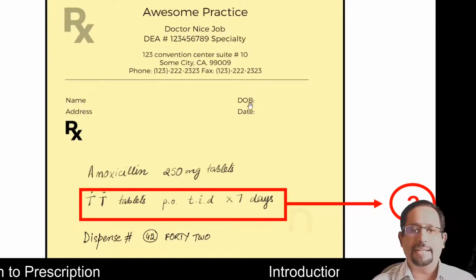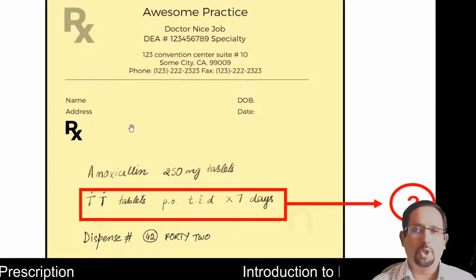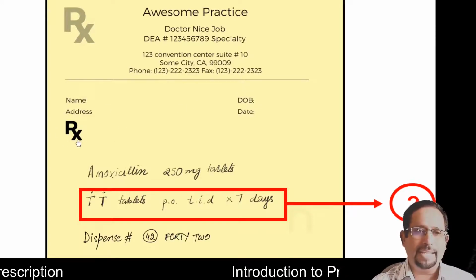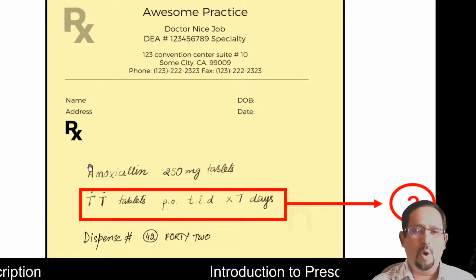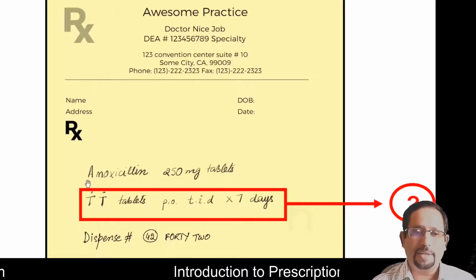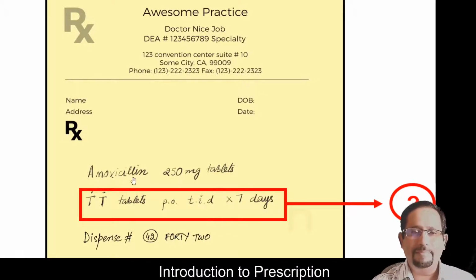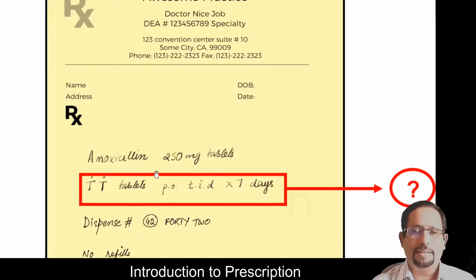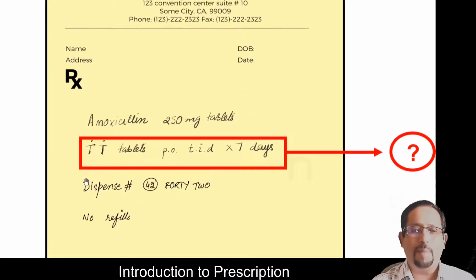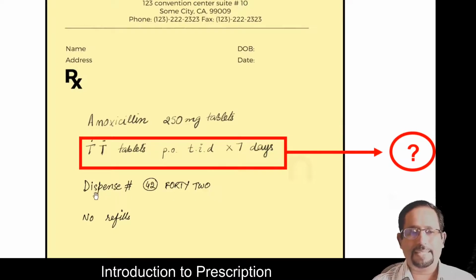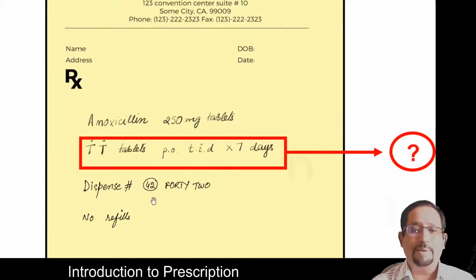Second, name, address and gender. It is also not written. So part 2 is missing. Part 3 is superscription. It is present. Part 4 is inscription, which contains the name and quantity of the ingredient that is present. Now you can see the part 5. This is subscription. So these are the instructions to a pharmacist to dispense 42 tablets.